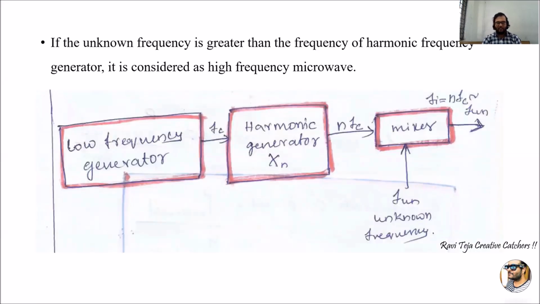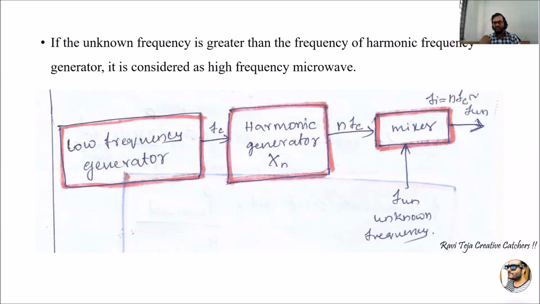So using a low frequency generator as well as the harmonic frequency generator, we generate a frequency that is compared with our unknown frequency. Based on the greater and lesser values compared to the frequency of the harmonic generator, we determine whether our unknown frequency is high frequency microwave or low frequency microwave.